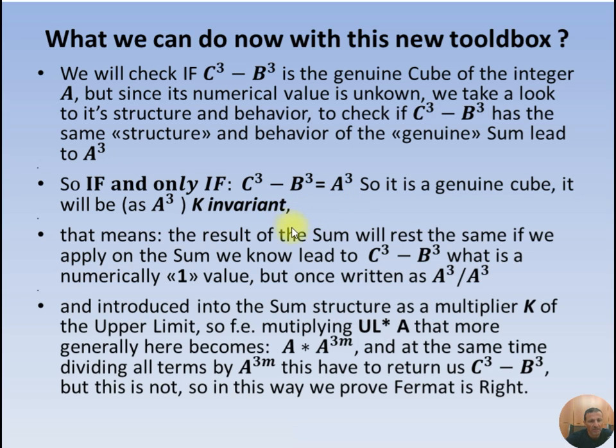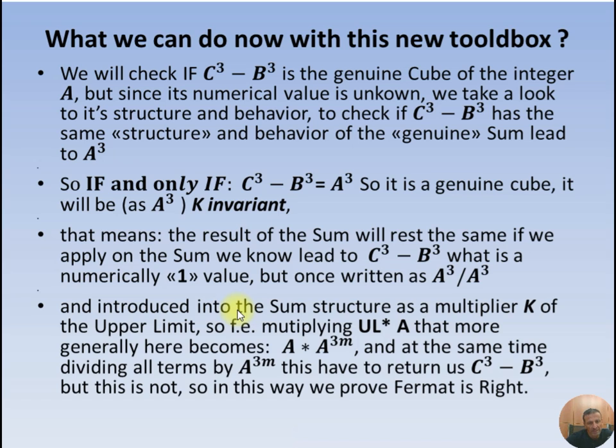So we can make a trick and show what happens when we multiply the sum representing c cube minus b cube by a cube over a cube, so a numerical value of one, but we introduce this multiplication into the sum.